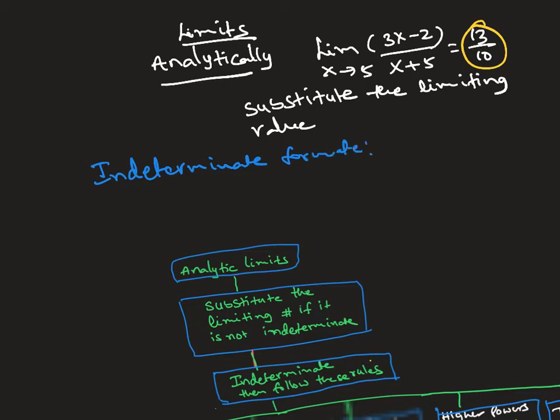For now, I want you to learn a few indeterminate forms, then we will learn more later. 0 over 0, infinity over infinity, infinity times 0, 1 to the power of infinity. These are the indeterminate forms.